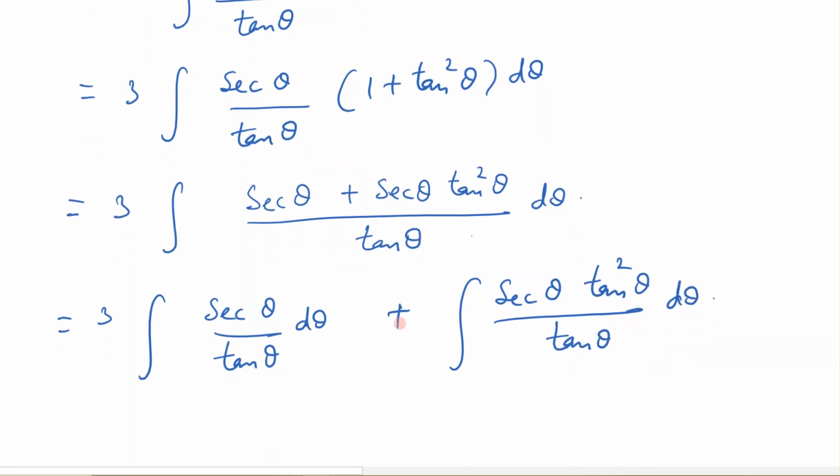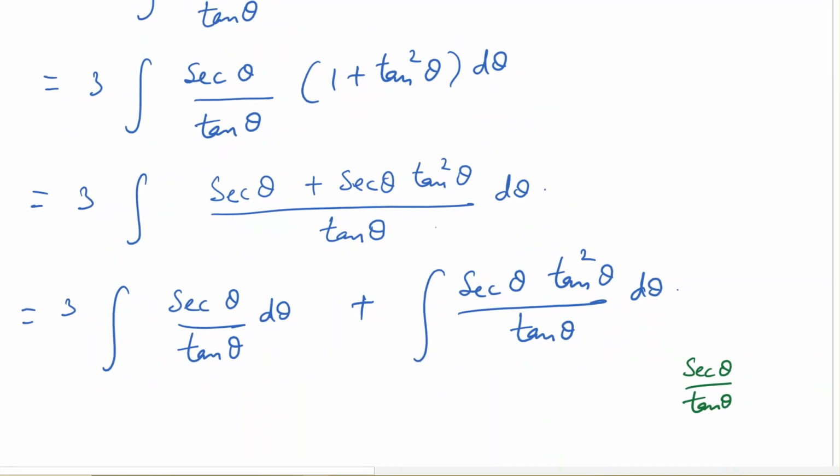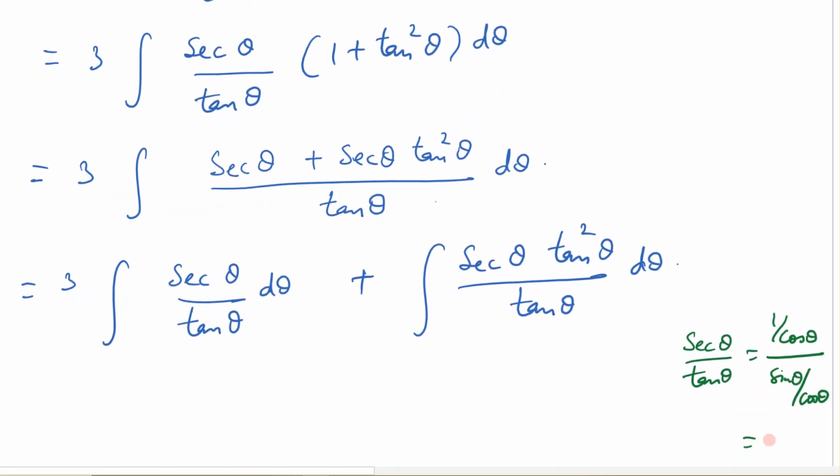And secant theta over tangent theta can be simplified. This is 1 over cosine theta, and this is sine theta over cosine theta. So cosine theta gets cancelled, and we're left with 1 over sine theta, which equals cosecant theta.